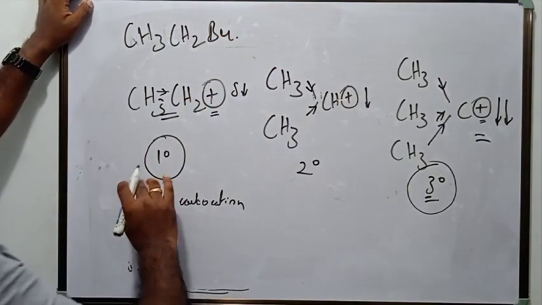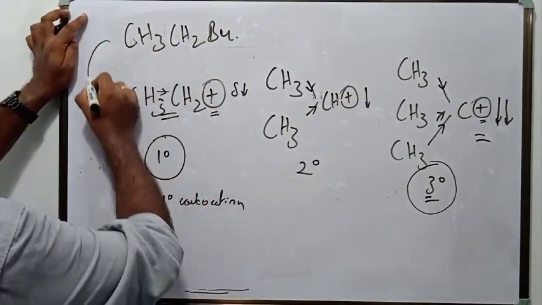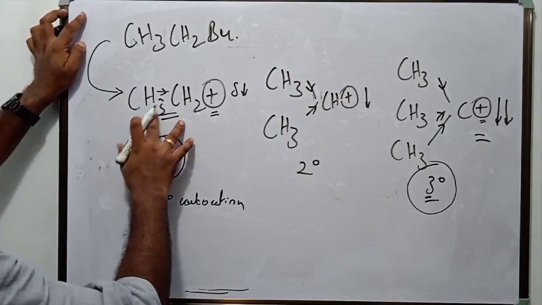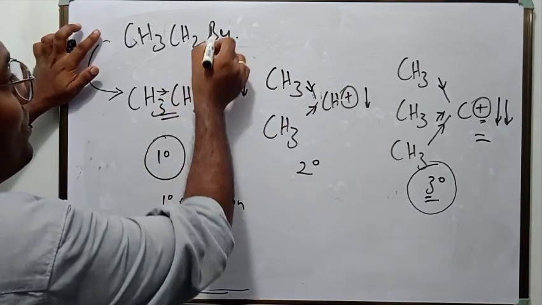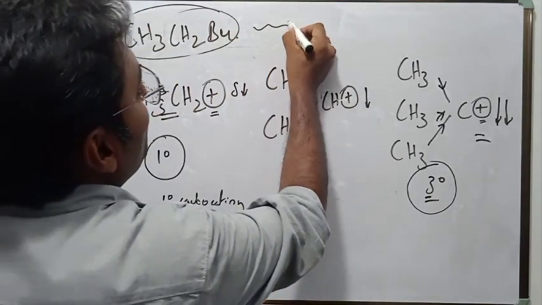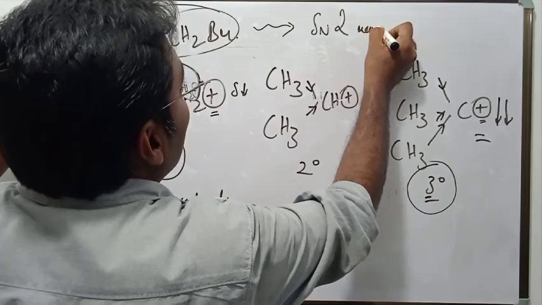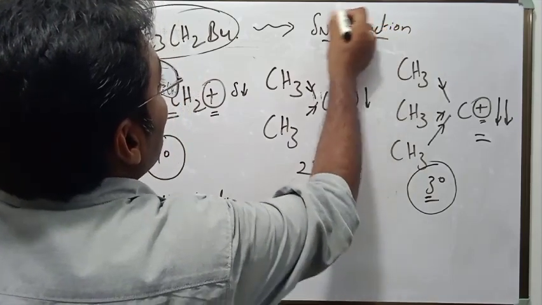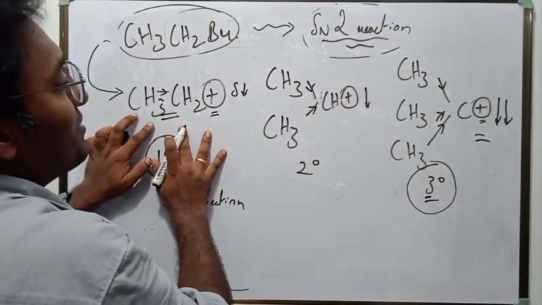So the primary alkyl halide would never want to become a primary carbocation, because the primary carbocation is unstable. So the primary alkyl halide will always undergo SN2 reaction, because in SN2 reaction, one need not form a carbocation.